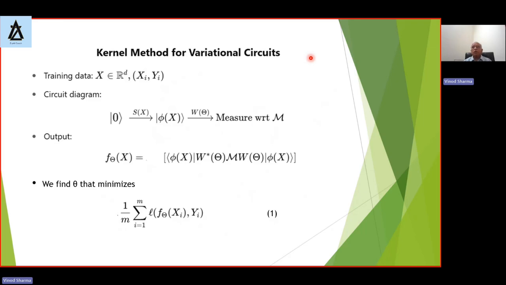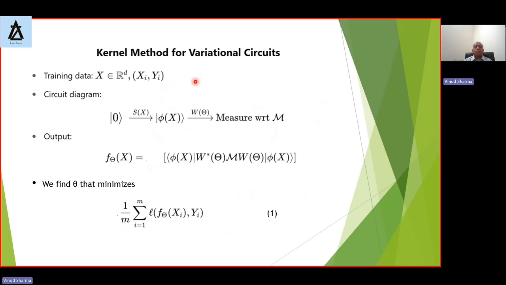So we are trying to optimize parameter theta. And we are given algorithms, gradient descent kind of algorithms, which can provide this optimal theta. What we are looking at now is to use kernel methods to solve this optimization problem of getting optimal theta in a simpler way.